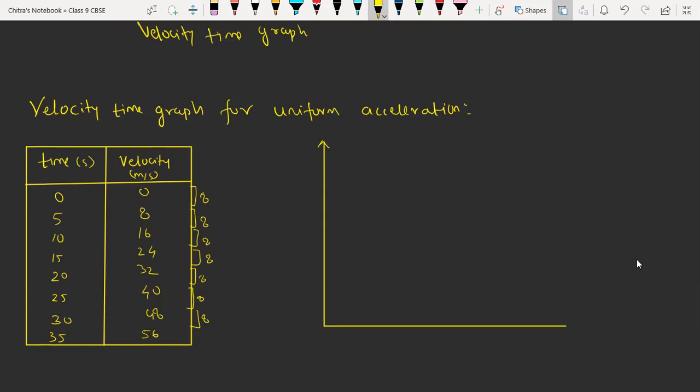Okay. This is the y-axis, and here it is the x-axis. Okay. So here we have point 0. Here I am taking velocity. So let me write velocity here.